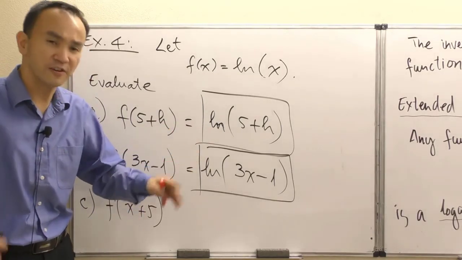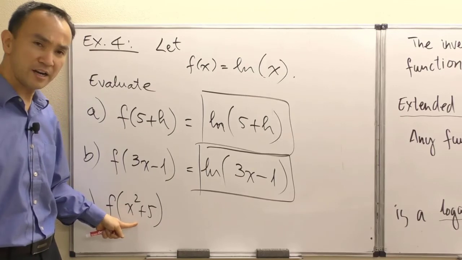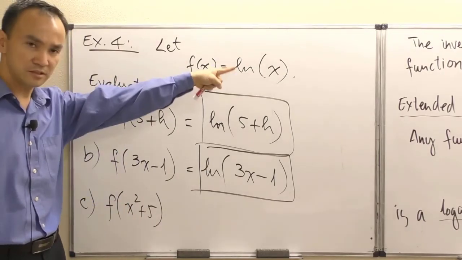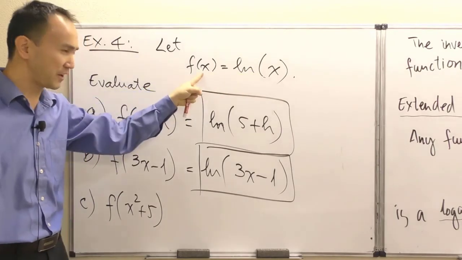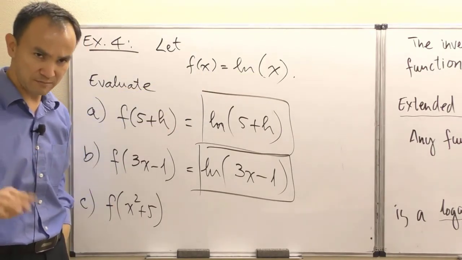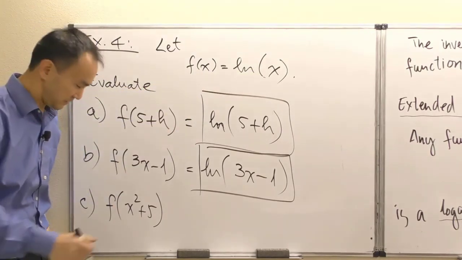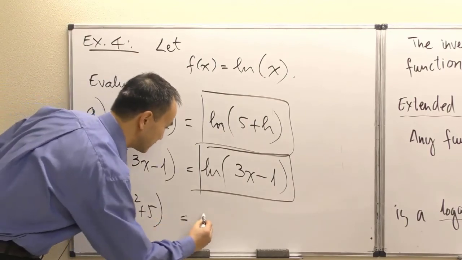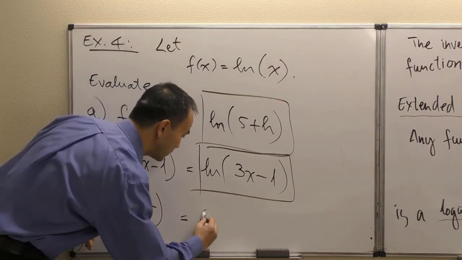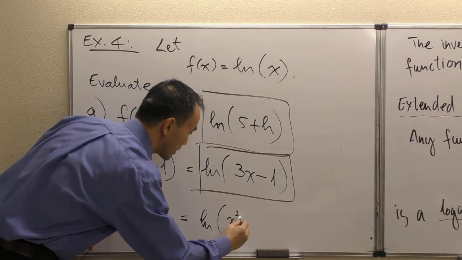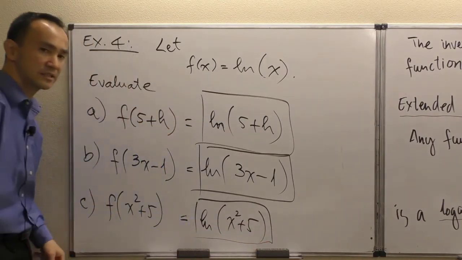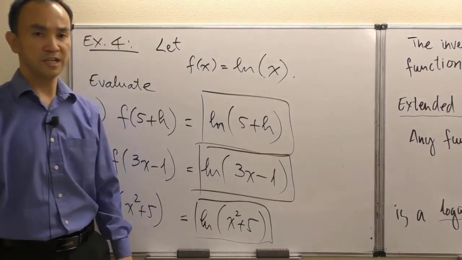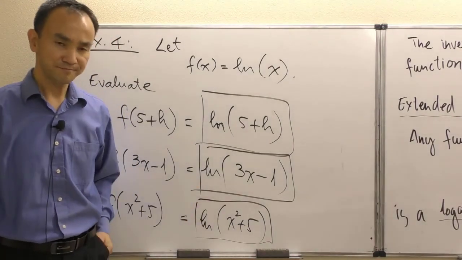You just gotta overcome that. No matter how big that is, take that, substitute that for the x, replace your x variable in your function. Overcome that fear. And so now the rule of f says natural log of x squared plus 5. We're done again, nicely, and it's a simple answer.